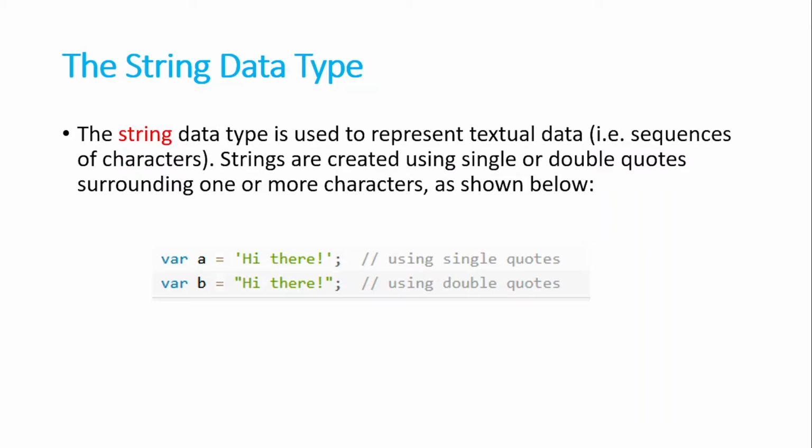Strings are created using single or double quotes surrounding one or more characters, as shown below. You can see we have created one variable, var a, and we have assigned a value, hi, which is a string value. And how do I know that? Because this value is inside a single quote.